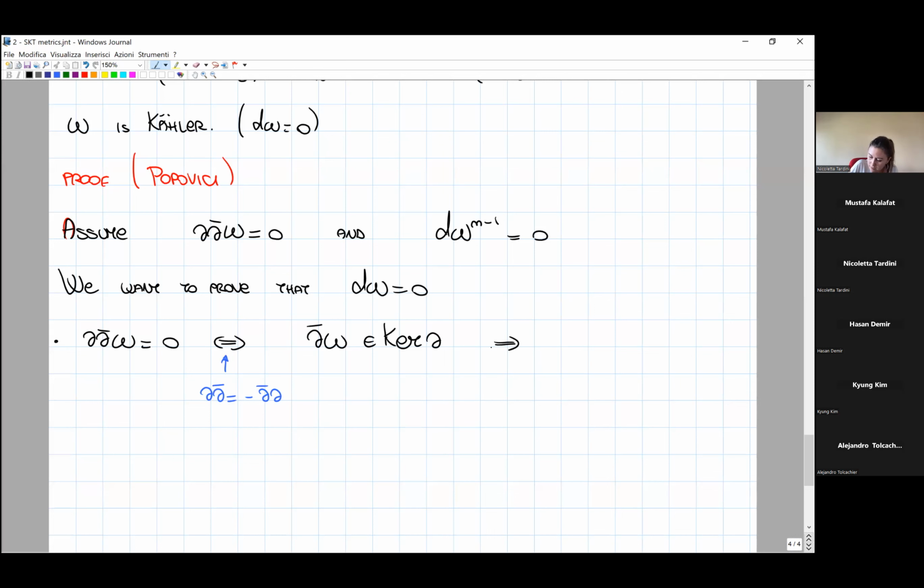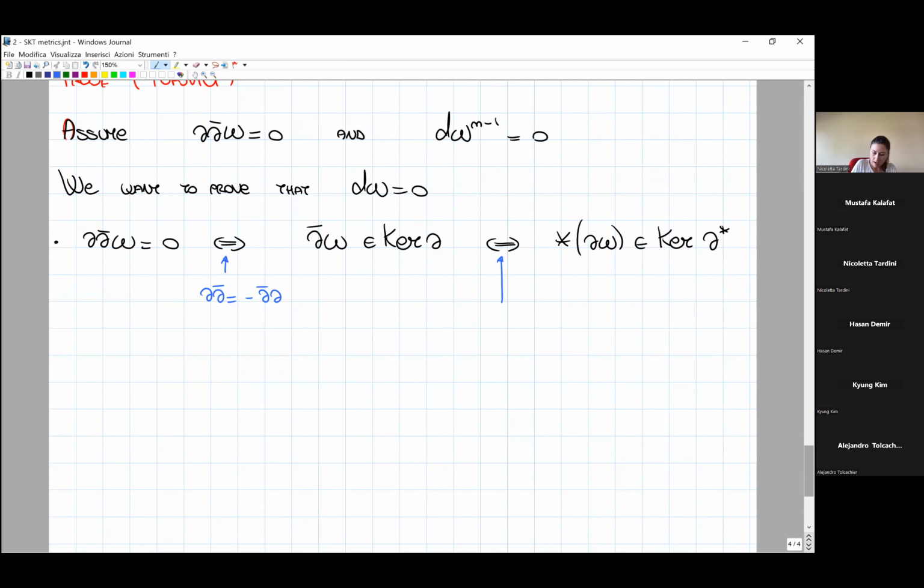But this is equivalent to saying that the Hodge star of del omega belongs to the kernel of del star. Let me explain this equivalence.